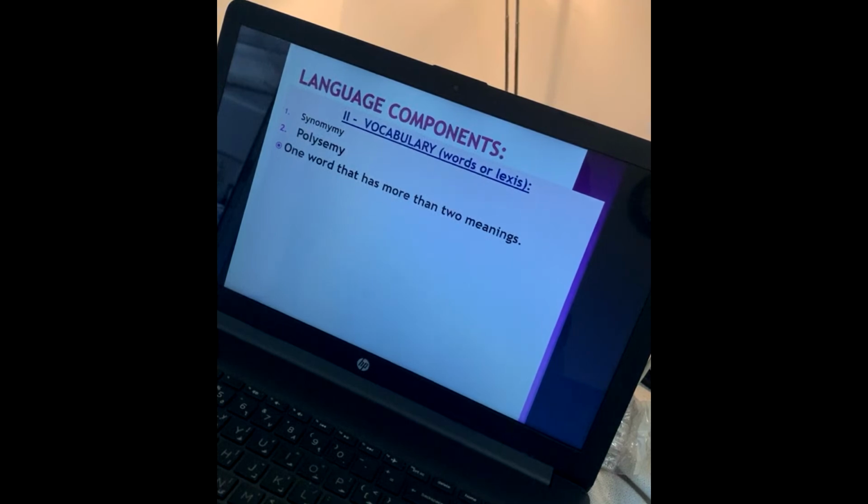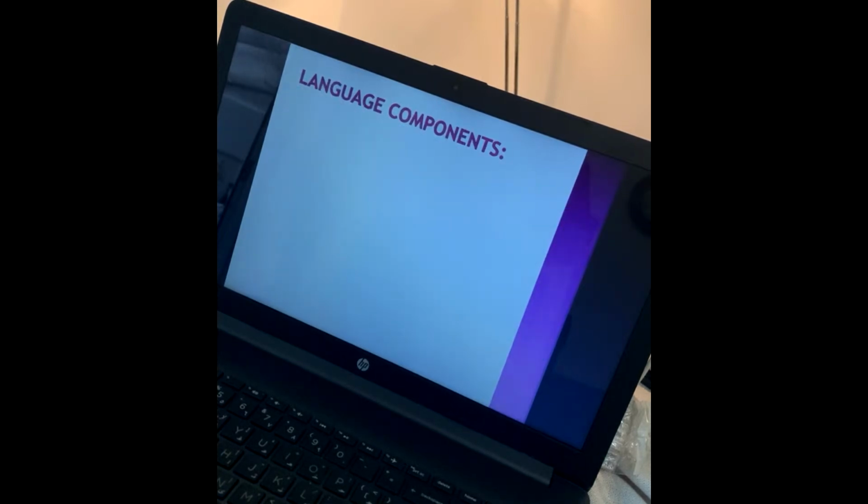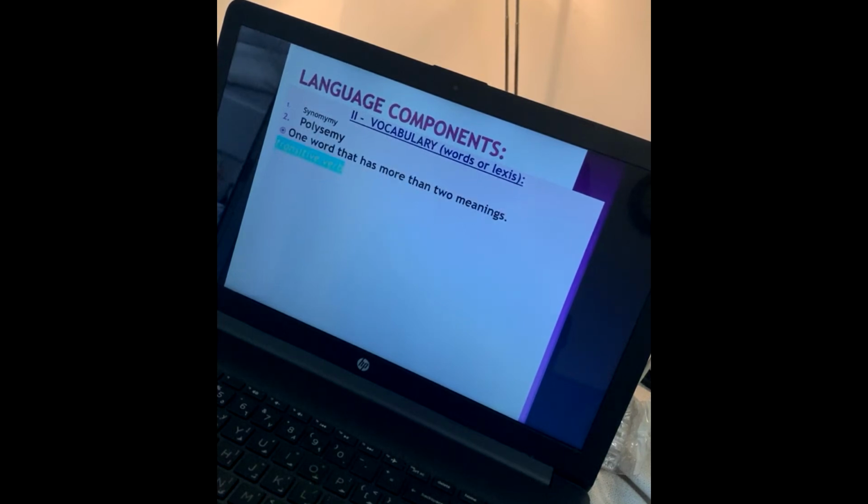We move on to words and lexis, and look at this. We have covered synonymy, which means مرادفات, polysemy, which is كلمة لها أكثر من معنى، يعني متعددة المعاني. Polysemy, one word that has more than one meaning. أيوة. وننتقل بعدها إلى الجانب الآخر، فهو مثلا transitive verb.